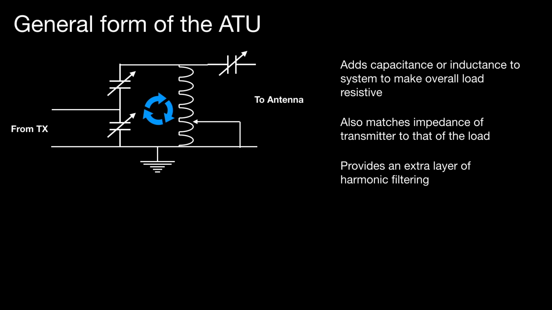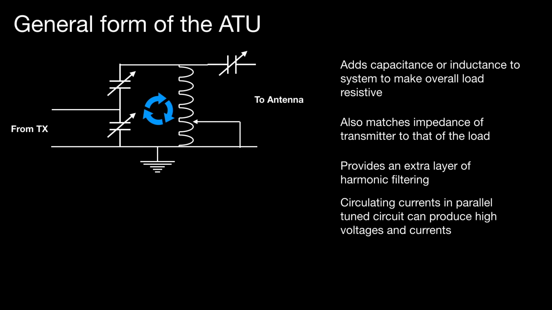There we see what can happen in a parallel tuned circuit. Circulating currents in parallel tuned circuits can produce high voltages and currents, so that's something to watch out for from a safety point of view. And also, you need to be very generous with your component tolerances. These high voltages will jump across vaned capacitors if the spacing between the capacitor plates is not great enough.